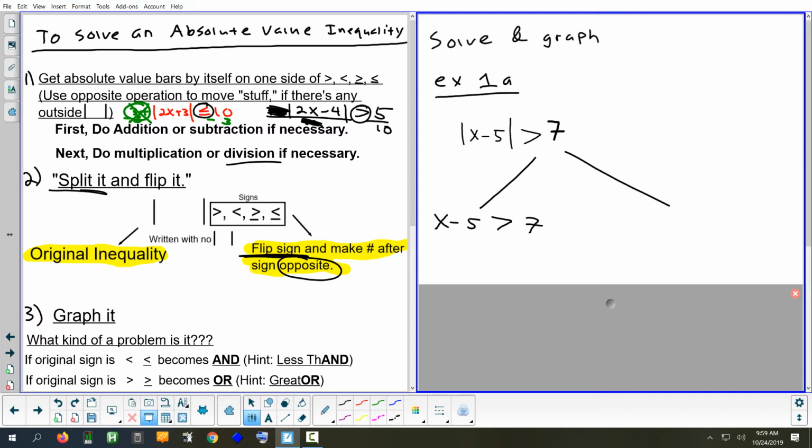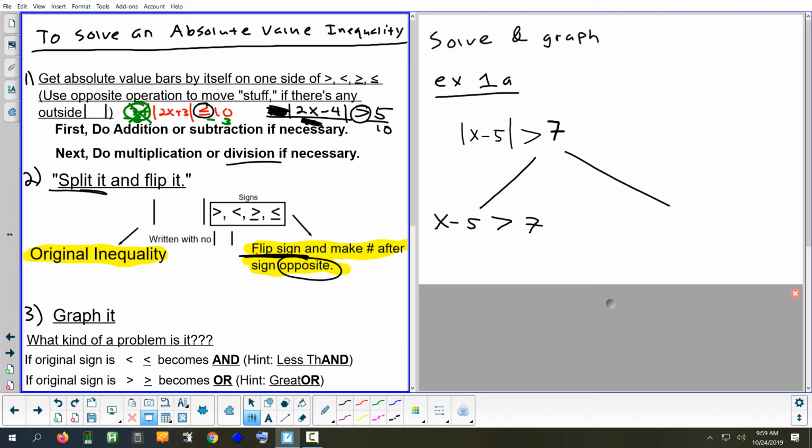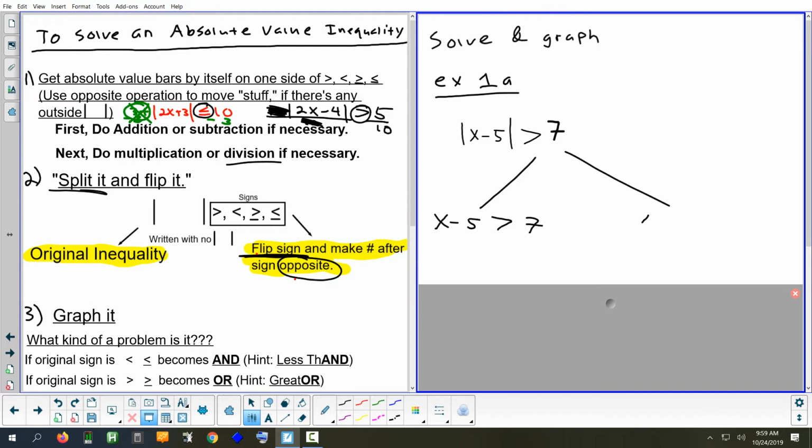Remember the second one. You've got to do 2 things. After you get rid of the bars, flip opposite. Kelsey? X minus 5 is less than negative 7. Perfect. So she got rid of the bars, just like it says to. She flipped it and made it the opposite.